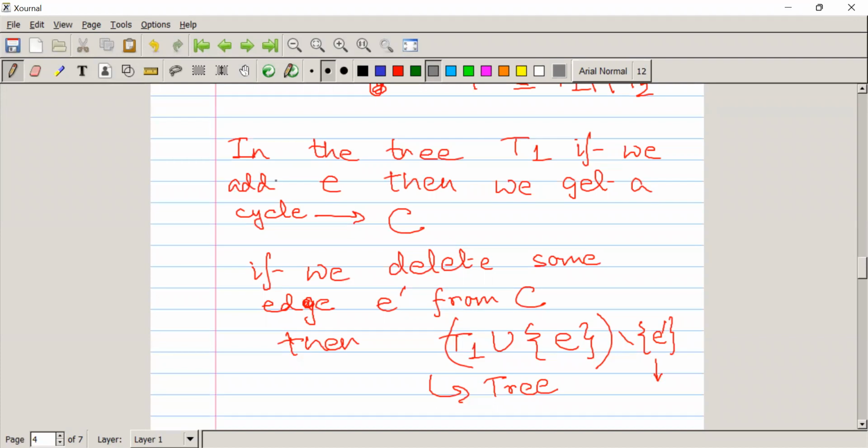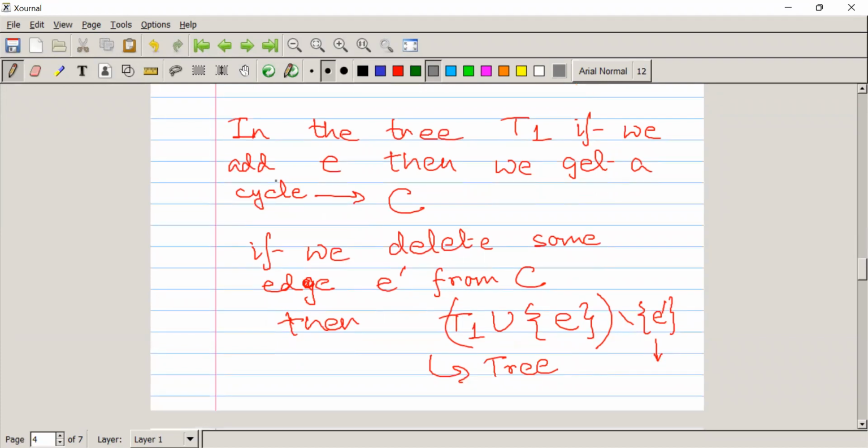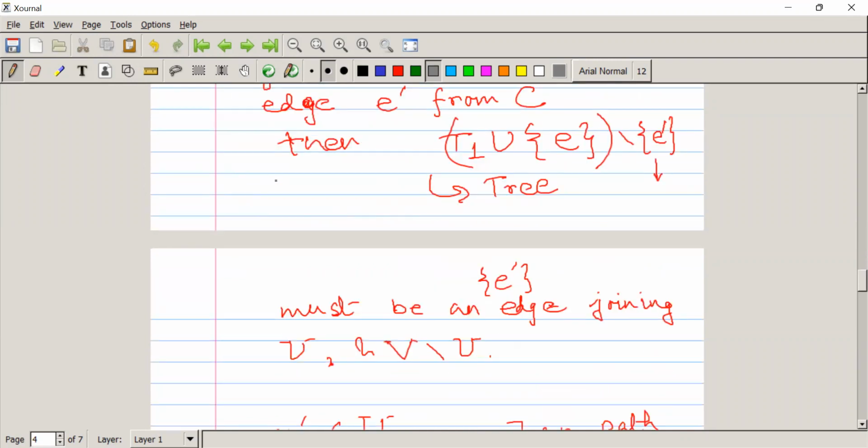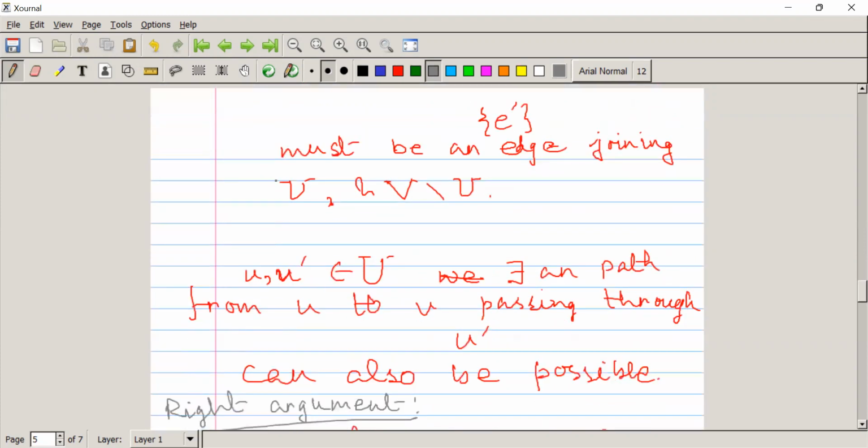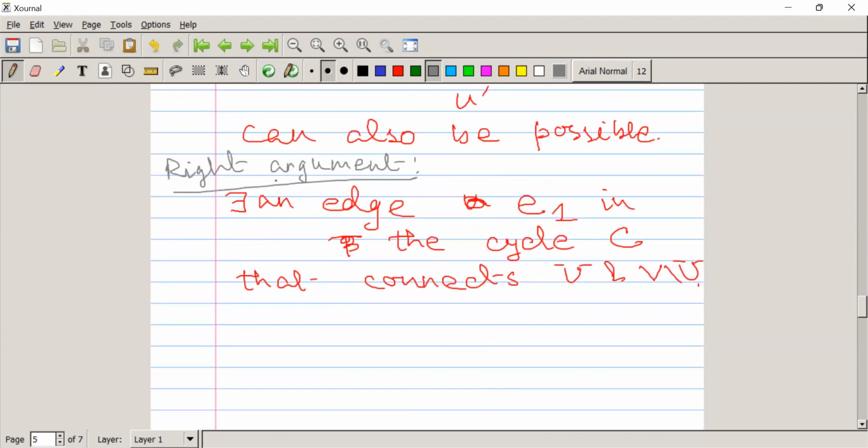Yes, ma'am. And so if from T1 we delete that edge, say this U1, this edge that was connecting U and V minus U. So in T1, we first add E and then we delete the edge U1.